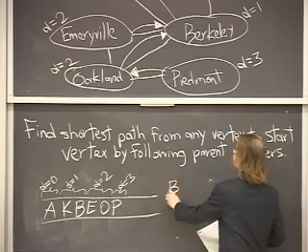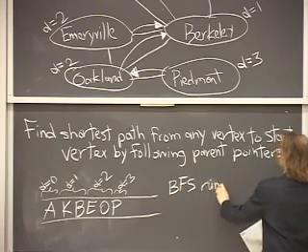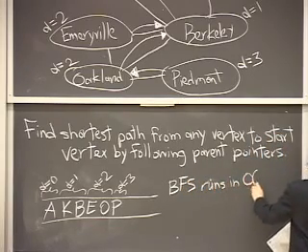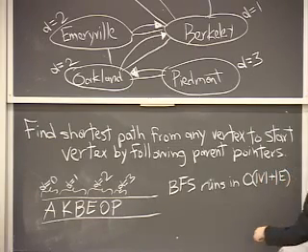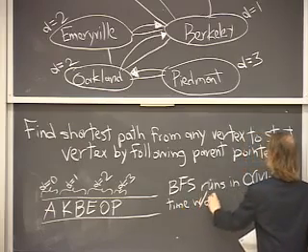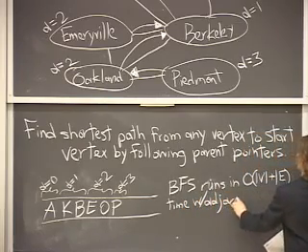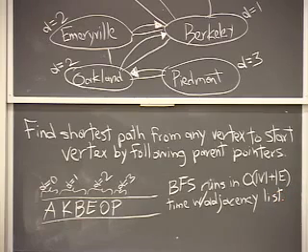All right, so breadth first search, just like depth first search, runs in big O of V plus E time if you use an adjacency list. Why? Well, if you look at the code, what does the inner loop do?